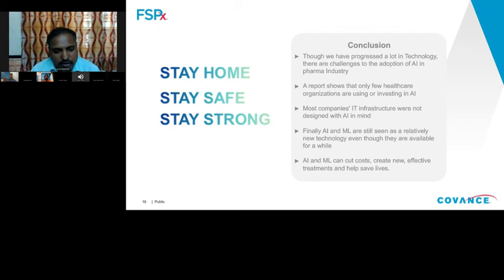So we need to revamp our entire IT infrastructure if we need to incorporate this technology. And also, it is seen as a relatively new technology for us, though it has been available for a long time.